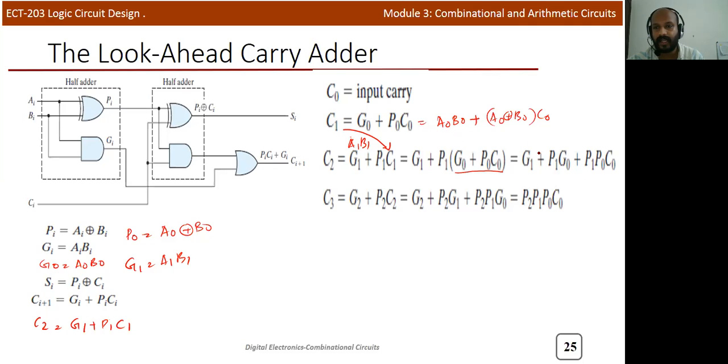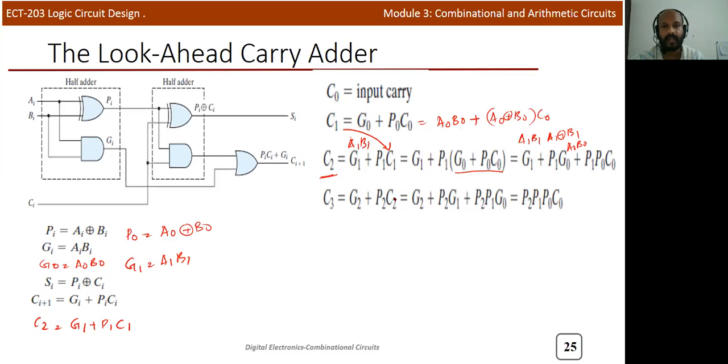From this we can see that C2 only depends on A0, B0, and A1, B1, where P1 is A1 XOR B1, and G0 also depends on A0, B0. So if you expand like this, all these terms depend only on the inputs and only one carry, that is C0. So it will not wait for the previous carries C1, C2, etc.